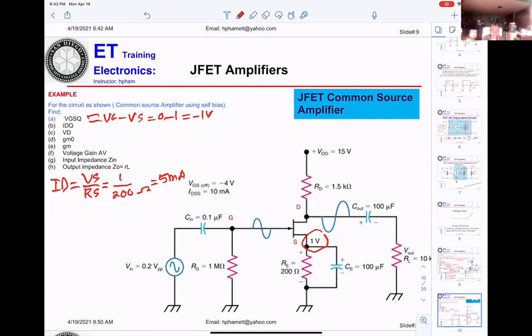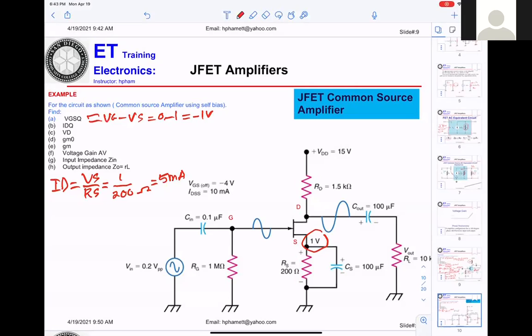So IDQ equals IDSS times (1 minus VGS over VGS off) squared. If you want to calculate ID, take VS over RS. ID equals IS, so you don't need the formula.